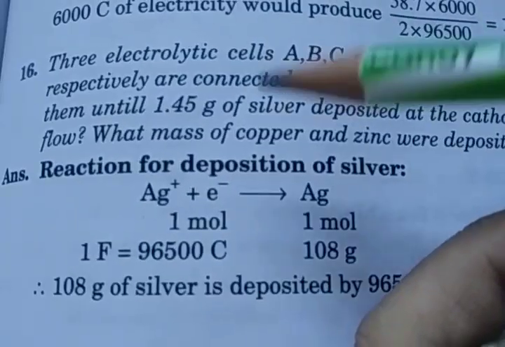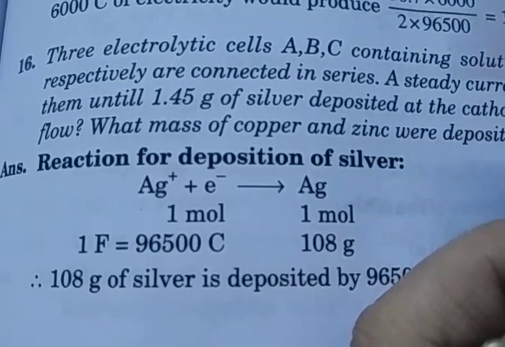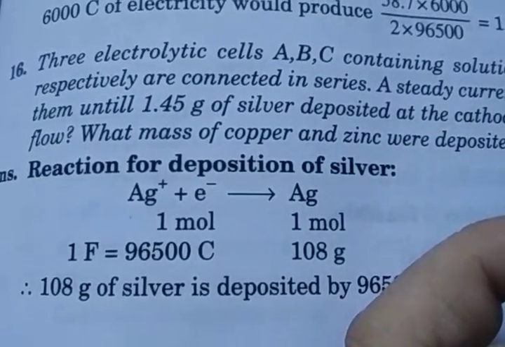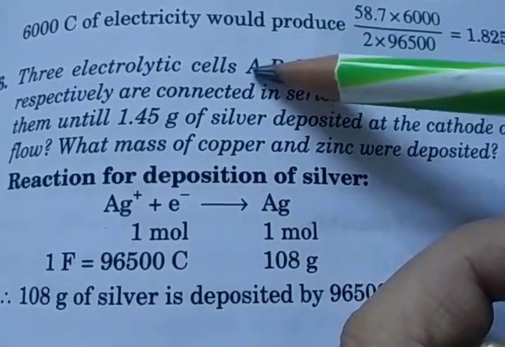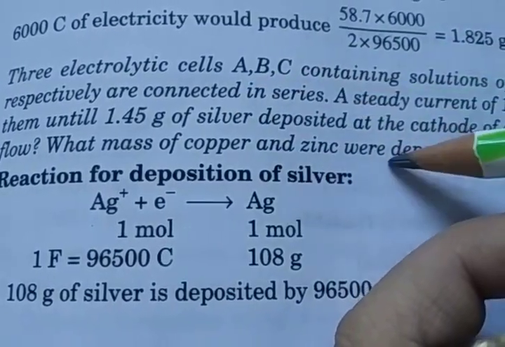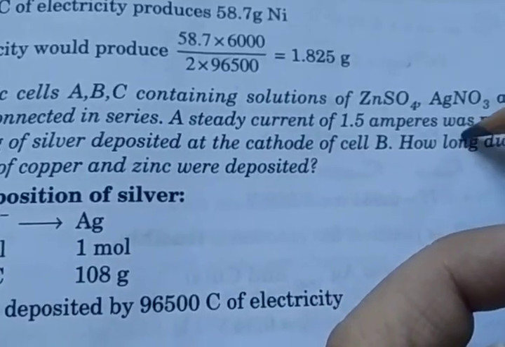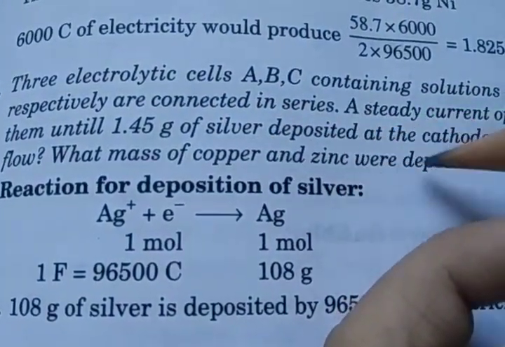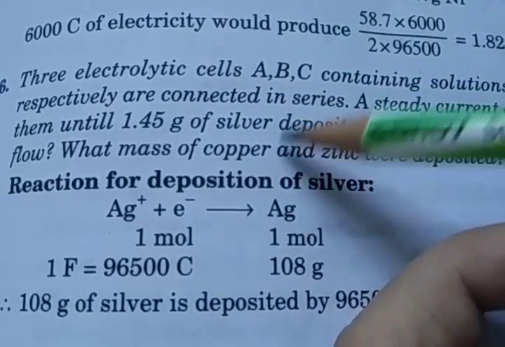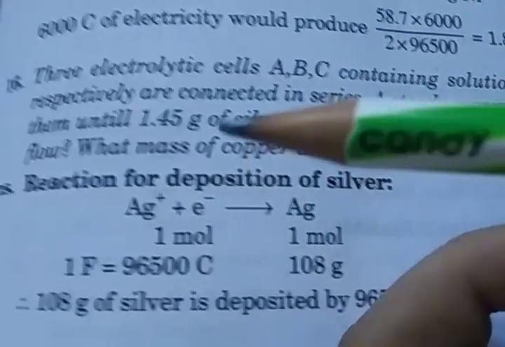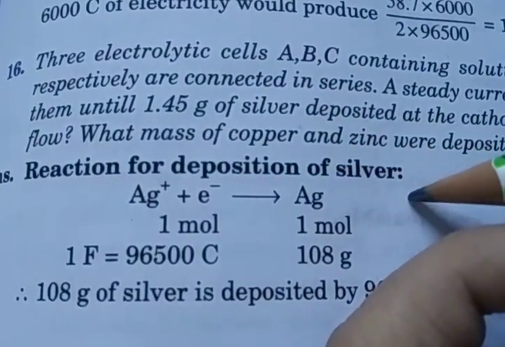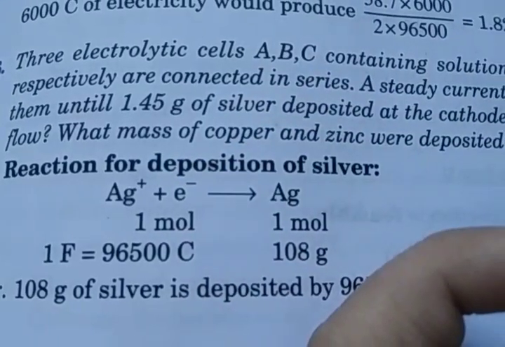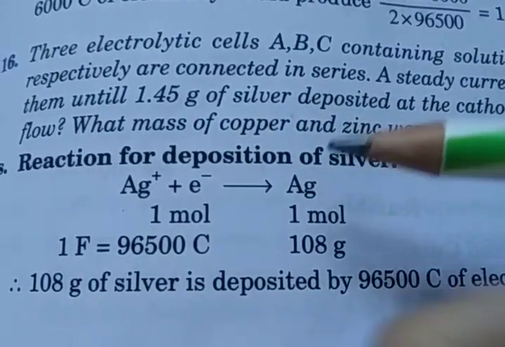First is the reaction for deposition of silver, because three electrolytic cells are connected in series. A steady current of 1.5 ampere was passed until 1.45 gram of silver was deposited at the cathode. For the deposition of silver, Ag+ gains 1 electron and converts into Ag.